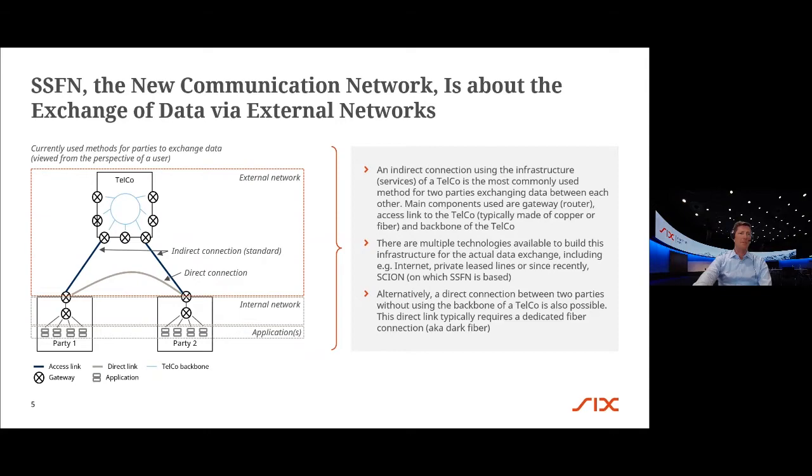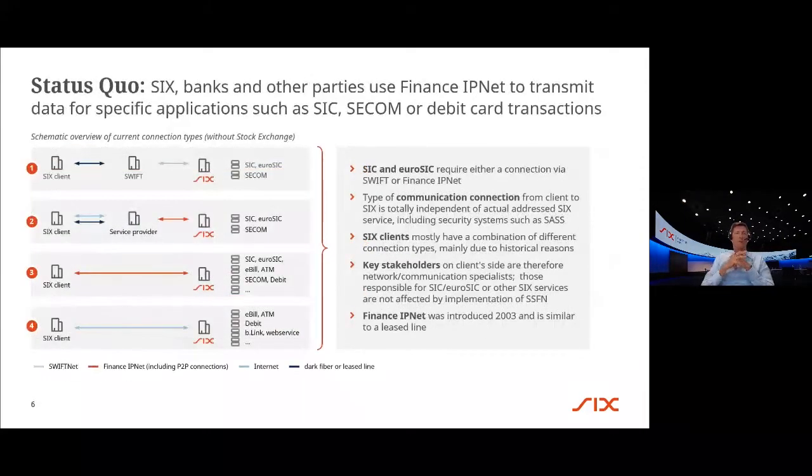Now, taking this a bit deeper, if we look at today's situation, how do various participants connect actually to SIGs for the usage of various applications such as SIG, but also SECOM or debit card or ATM or e-bill and the like. And we've got 4 different variations how this works.